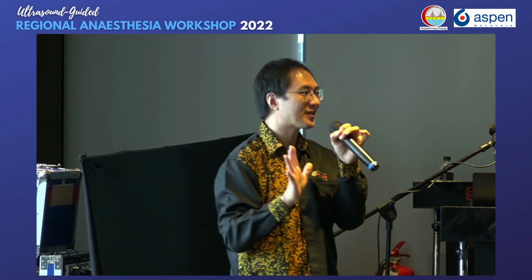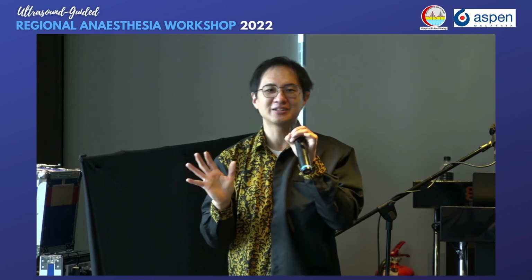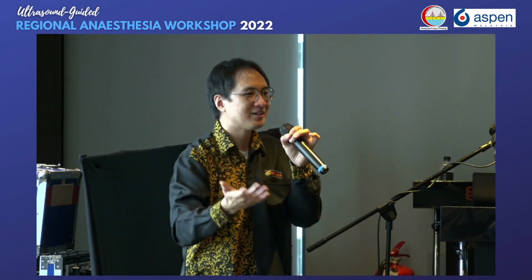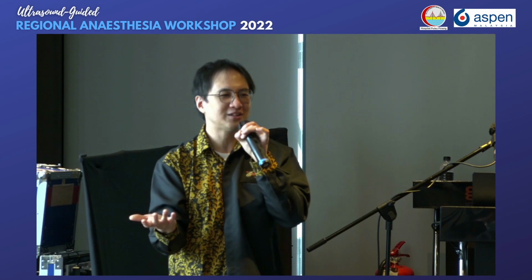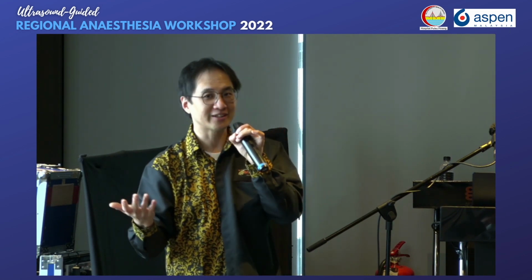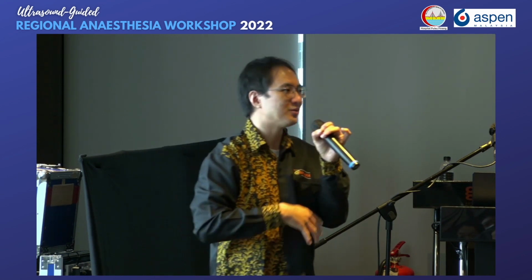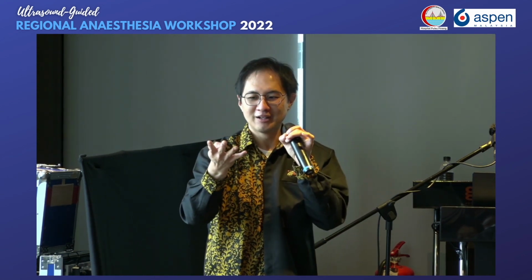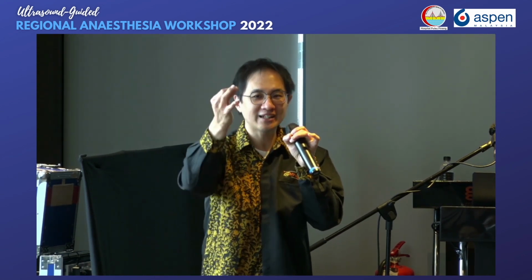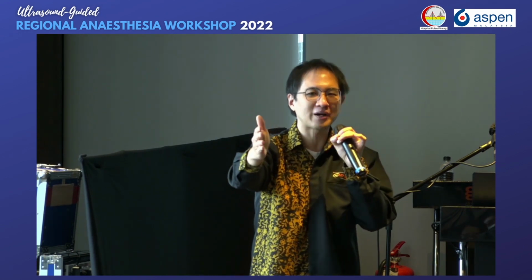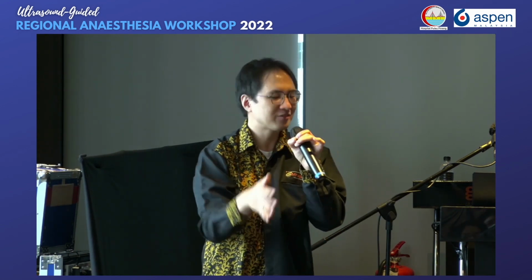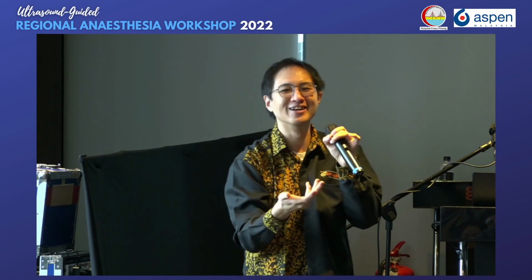So for hip, there are actually a lot of options. If you cannot do suprainguinal, it doesn't mean you don't offer any block. No, not necessary. There are so many options. You can do PENG, you can do fascia iliaca. And for fascia iliaca, if you have problem with suprainguinal, go infrainguinal. If you have infrainguinal problem also, femoral.